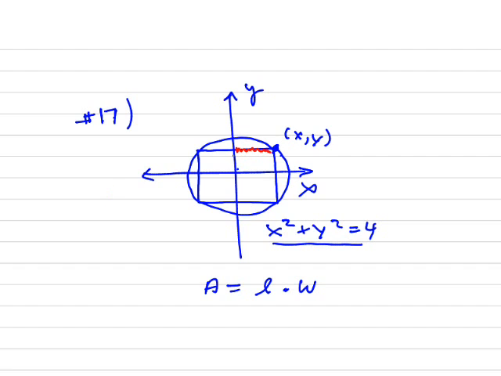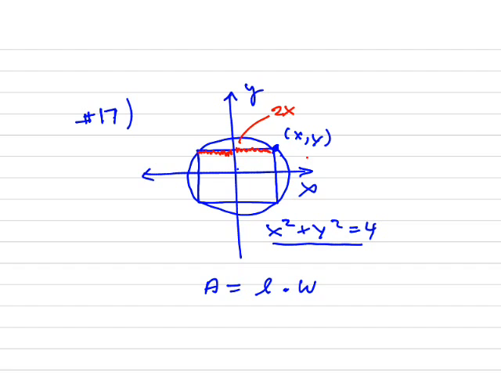So, when you think about the x coordinate, say if it was 5, then that length that I just colored in there in red is 5 units. So the whole width or length, whichever dimension you want to call it, is 2x. So this side of the rectangle is of length 2x.